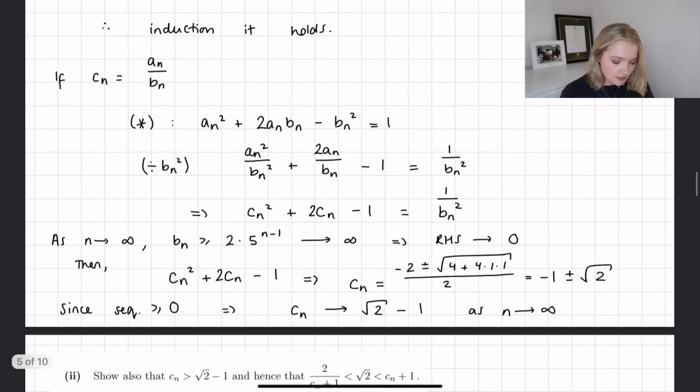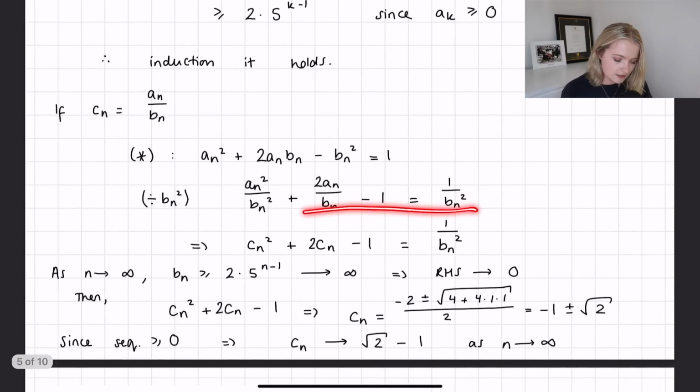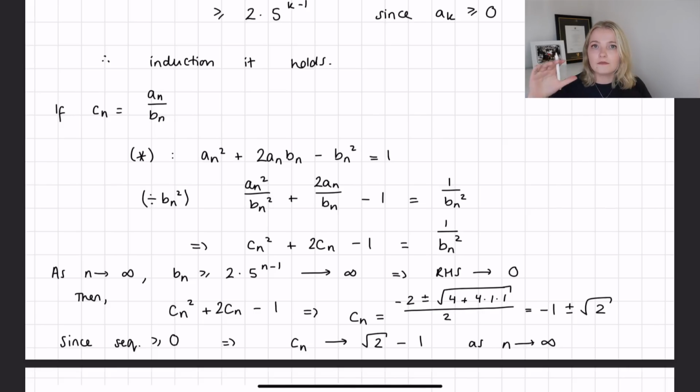So let's look at what happens to this when n tends towards infinity. So firstly, we've just proved by induction that Bn is greater than or equal to this value here. And so when n tends towards infinity, 5 to the n minus 1 is going to tend towards 5 to the infinity, which obviously itself is going to tend towards infinity. So this is going to tend towards infinity.